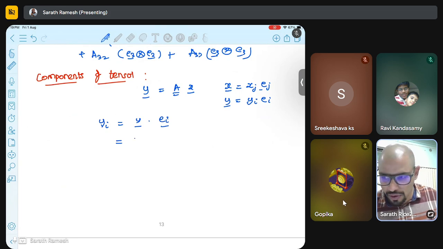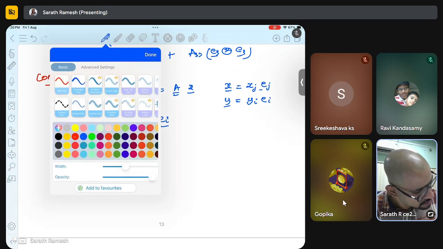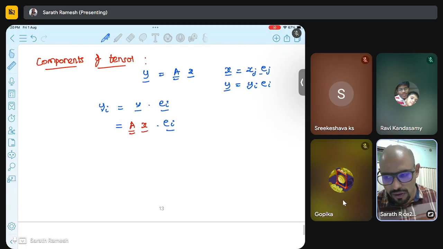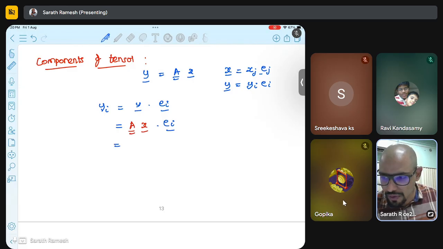Instead of y, I substitute A x, dotted with e_i. Again, the x vector we can write as x_j e_j, since I have already used i. So A is as it is, A x_j e_j dotted with e_i.